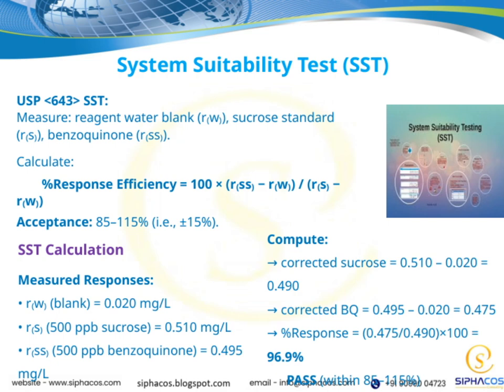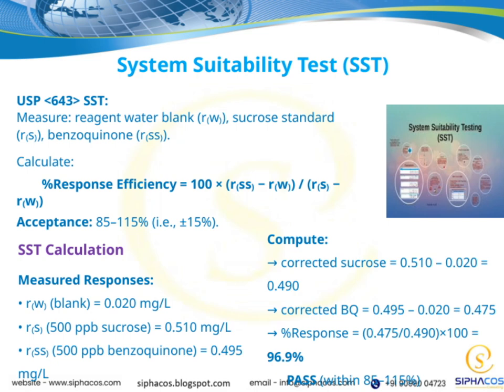Next, to find the percentage response, we divide the corrected benzoquinone response by the corrected sucrose response, then multiply by 100. So, 0.475 divided by 0.49 times 100 equals approximately 96.9%. Since this is within the acceptable range of 85 to 115%, we can say that the test passes.